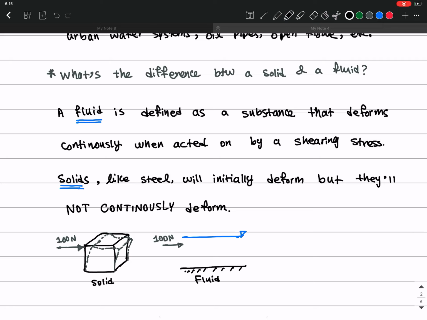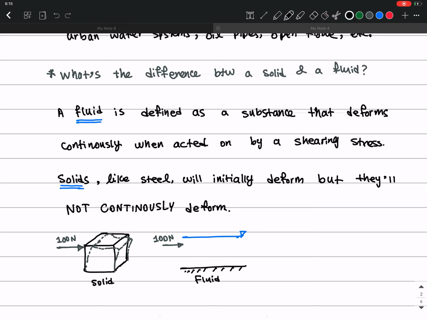When you add a force to a fluid, even not too big a force, like an average force like 100 Newton, which is not that big, right? You can even apply it with your hand. What's going to happen? It will continuously deform. It's not like it will deform and then stay there.